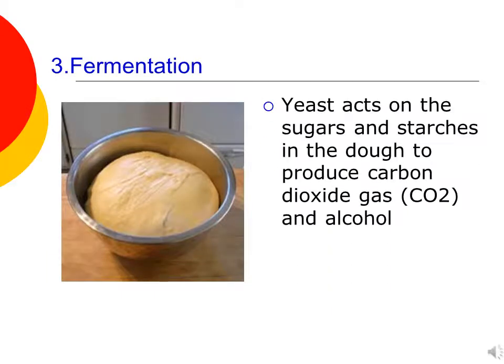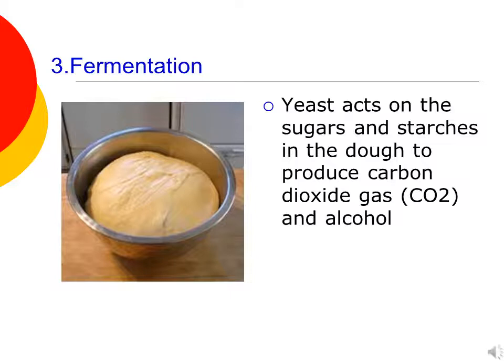Fermentation is the process by which yeast acts on the sugars and starches in the dough to produce carbon dioxide and alcohol. Doughs with weak gluten such as rye doughs and rich doughs are usually underfermented.